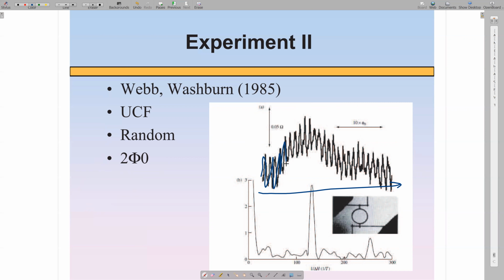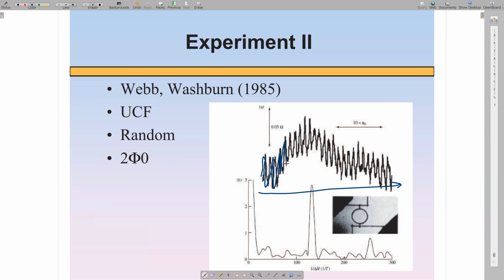So if they sweep the magnetic field in one direction and return in the other direction, the picture is completely reproducible. To their astonishment, right, and this is a pattern which doesn't look like regular oscillations.